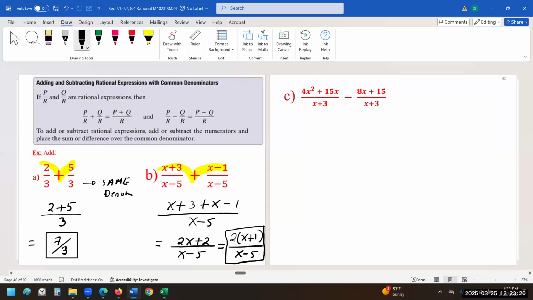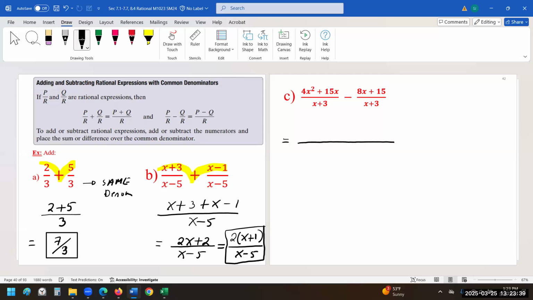Now let's do subtraction. Do you have same denominators or different denominators? Same.